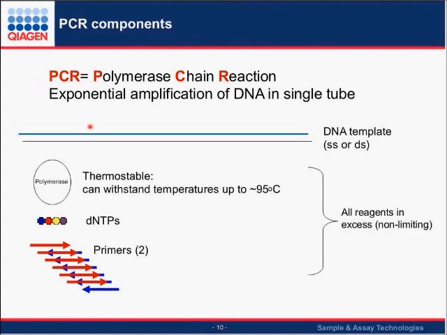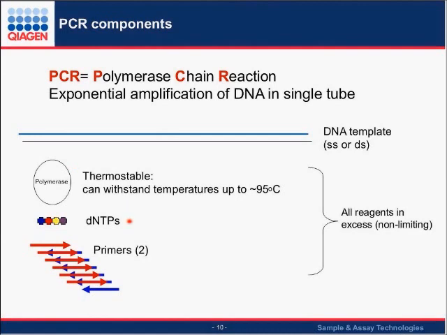Okay. A PCR reaction has the following components. You have a DNA template. It can be single or double-stranded. It has a polymerase, and these polymerases are thermostable. They can withstand temperatures of up to about 95 degrees, and that was another piece of the enabling technology, that you could actually find polymerases that could withstand high temperatures.